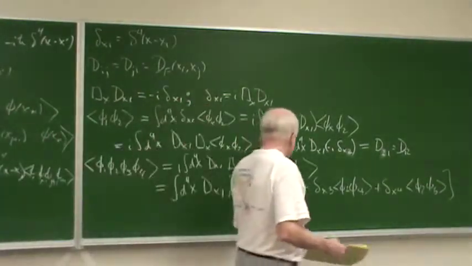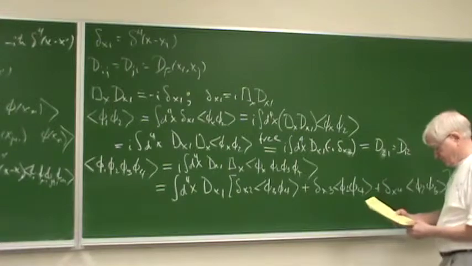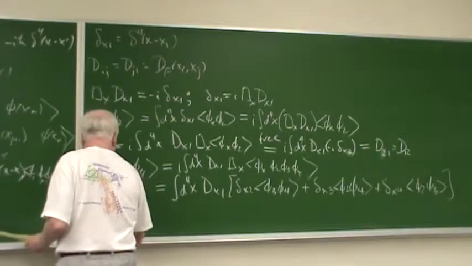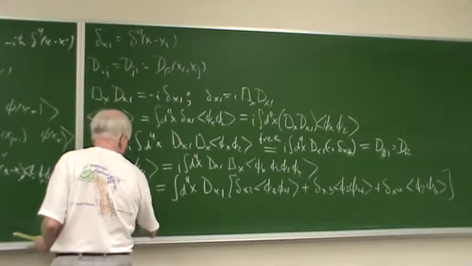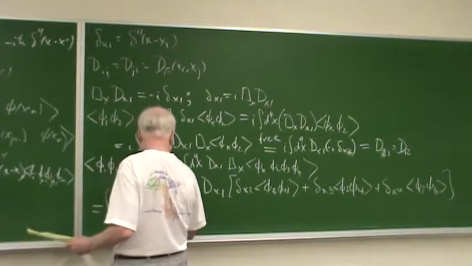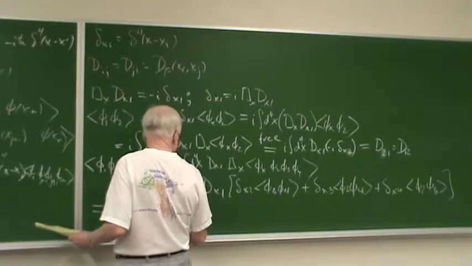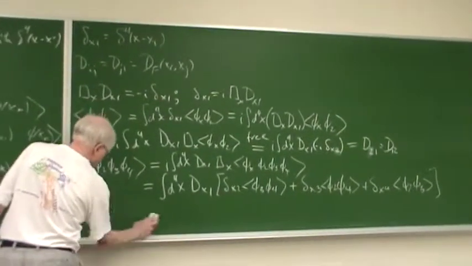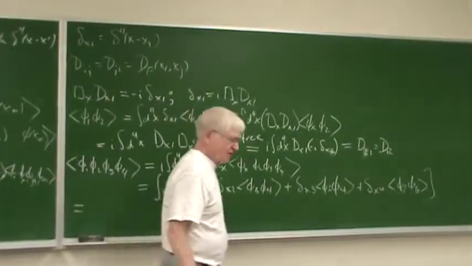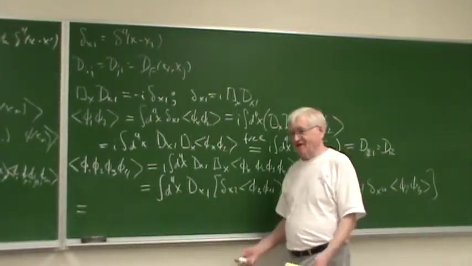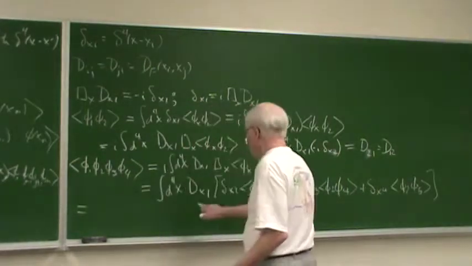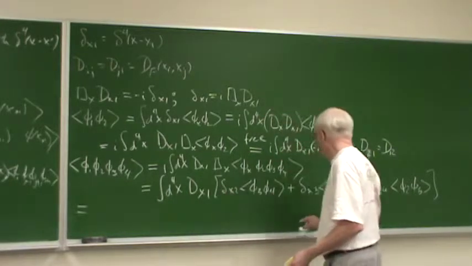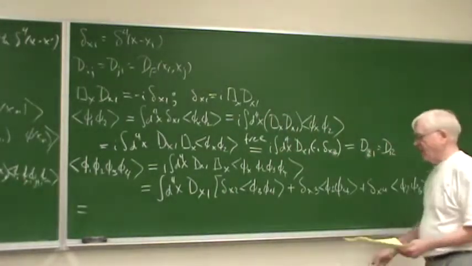Now, on the other hand, each of these is just a Feynman propagator. And so this thing is the integral d4x dx1. And in fact, let me take advantage of the delta function to do the integration. After all, telling you all these Dirac stories, we can at least use the Dirac delta function. So the integral d4x delta x2 just means x gets replaced by 2, x by 3 here, x by 4 there.